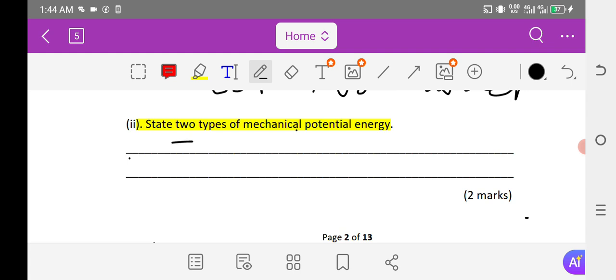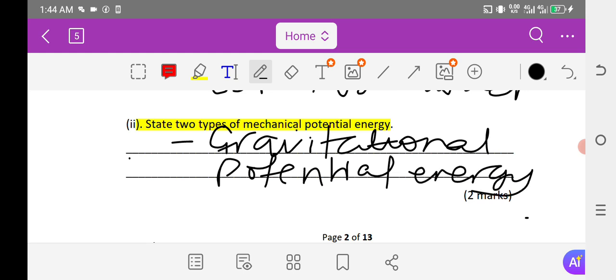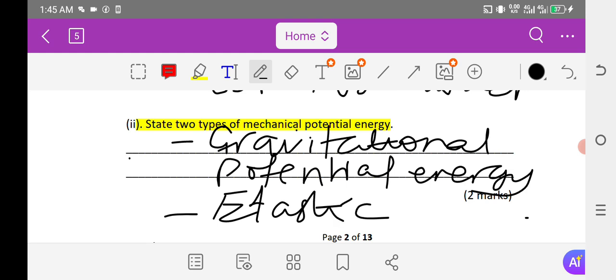Therefore, the answers to the question would be gravitational potential energy and the elastic potential energy.